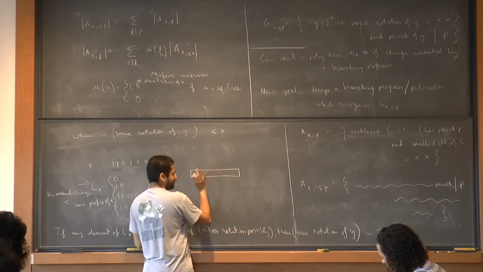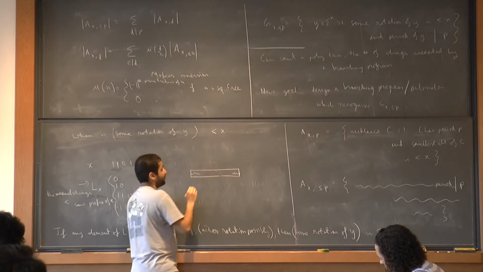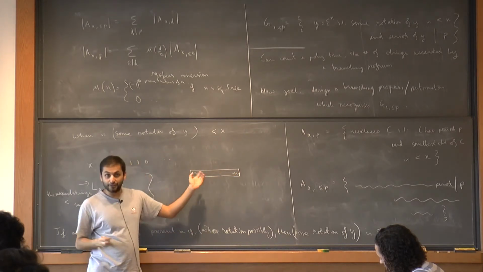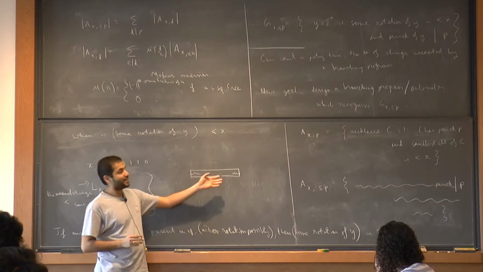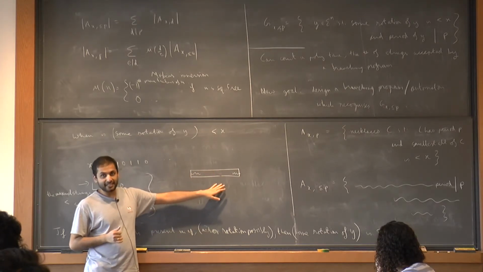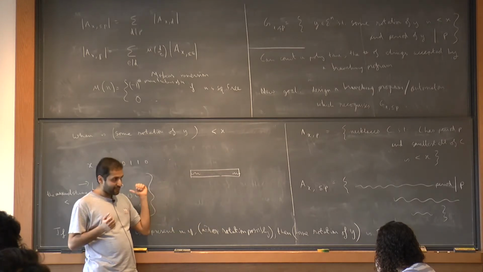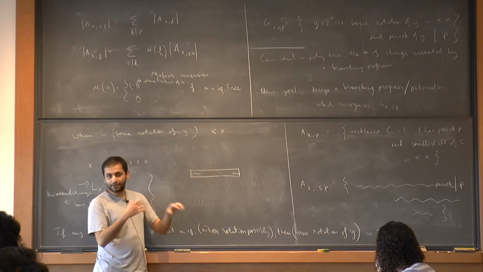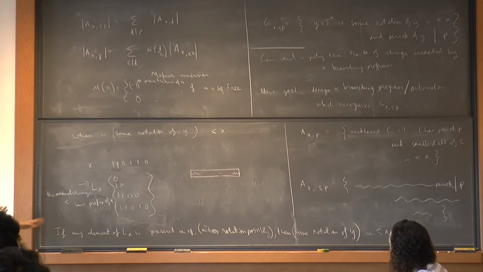But just to be precise, we also need to worry if the substring is present with a wraparound, because we're looking at general rotations. So we need to design a branching program that can catch all those y's which contain a given substring either contiguously or with wraparound. That's the final problem that we need to do, and it's not difficult, but that's what we've reduced to.